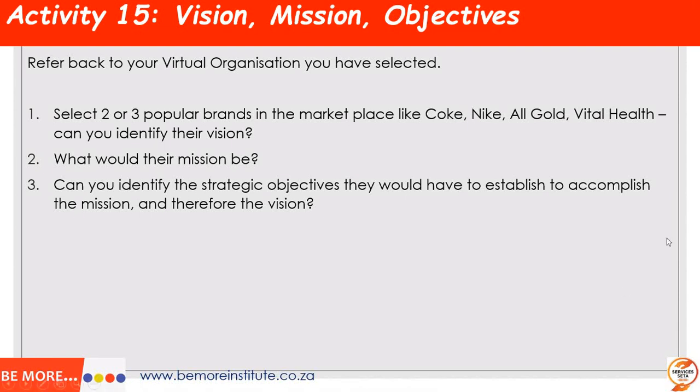Can we say that the vision is to be the best, or the best in their field, for example? I'm going to generalize, because we're all working to be the best, right? And then when other companies pop up in the same market as us, the vision is obviously to be the best in the field. So I would say Coke, Nike, All Gold and Vital Health, all these guys have competitors, and the vision now is to be the best. We spoke about Coke and their competitors.